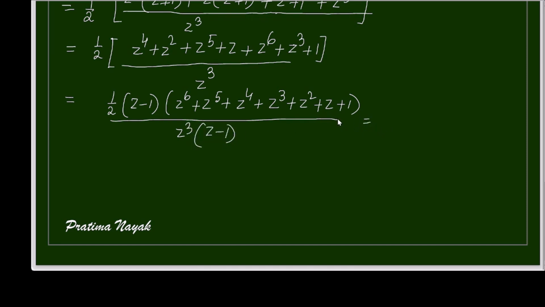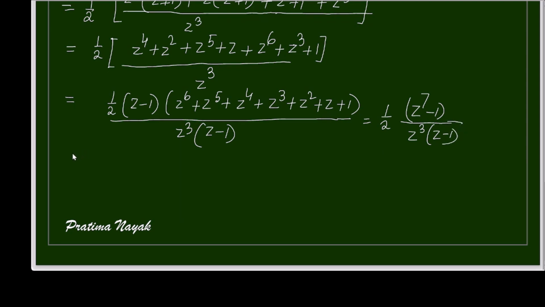And surprisingly, you will find that the numerator is nothing but z to the power 7 minus 1. You will go on multiplying and cancelling. You will get z power 7 minus 1 by z cube into z minus 1. Next we got the result.